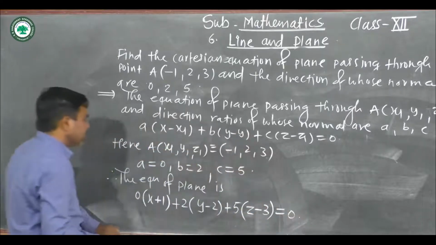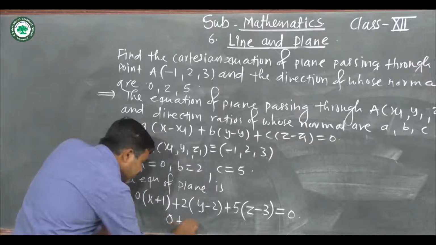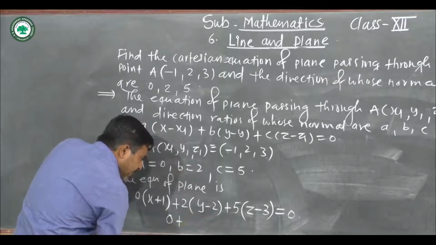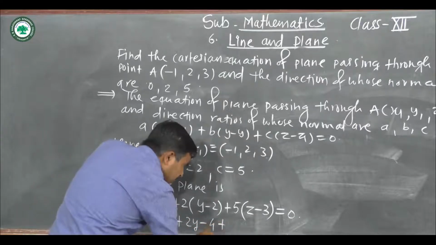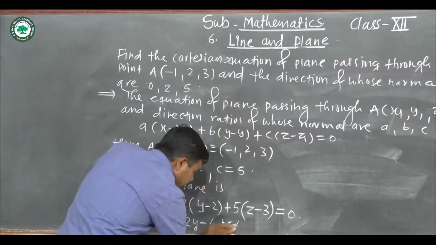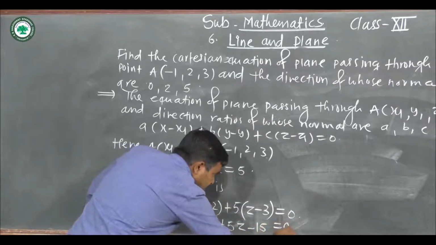That is, 0 into everything goes to 0, so this is 0 plus 2y minus 4 plus 5z minus 15 is equal to 0.